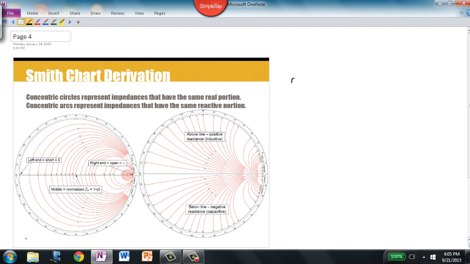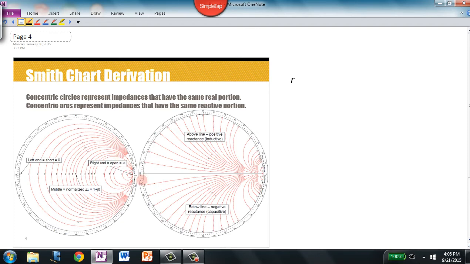A real line here bisects all the circles, and so any point falling on that real line is purely real and has no imaginary portion.